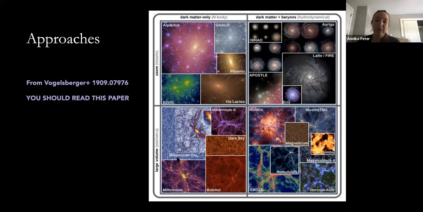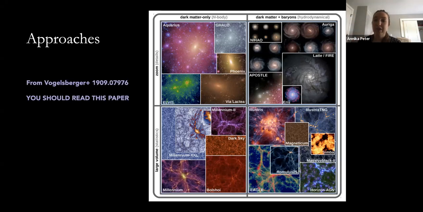Dark matter only large volume simulations tend to be great for large scale structure and are an efficient way of making predictions for large surveys, when you're interested in, for example, the two-point correlation functions of Milky Way mass galaxies.